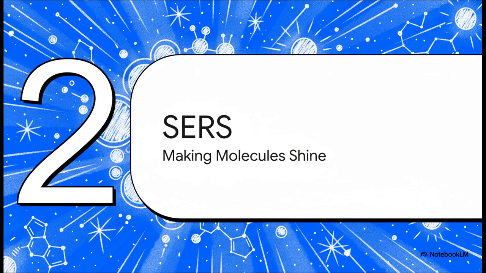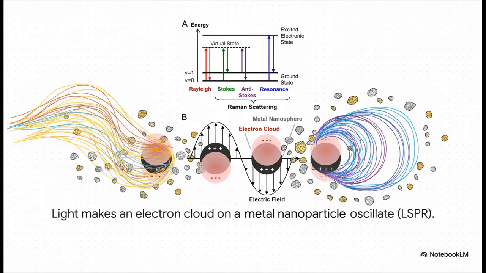The first major breakthrough, the first big crack in this problem, was a technique called SERS. That stands for Surface Enhanced Raman Spectroscopy. And let me tell you, this was the game changer that finally made those single molecules shine. So how on earth does SERS work? Well, the secret is in these teeny tiny metal nanoparticles. Think gold or silver.